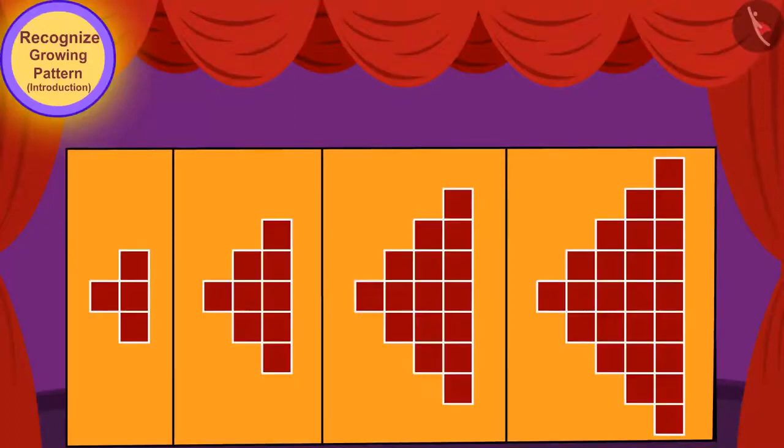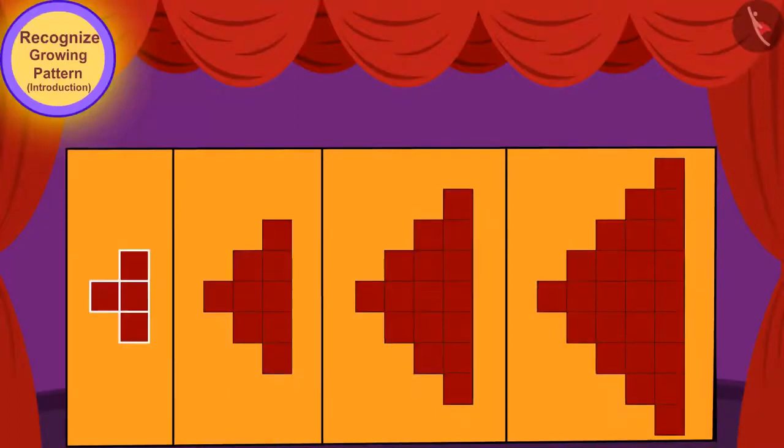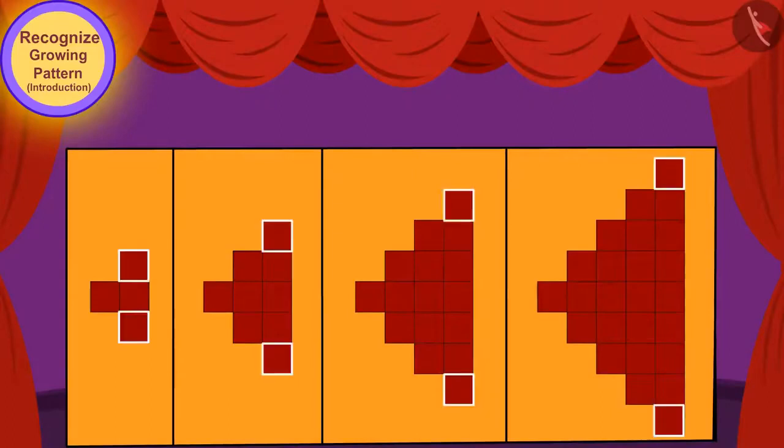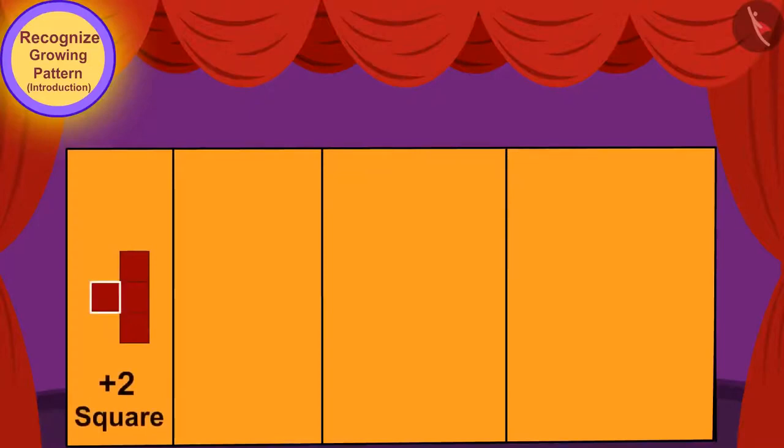In this growing pattern, the number of squares in each line is increasing by 2. As such, only 2 vertical lines were drawn first, and the second line has 2 squares more than the first line.